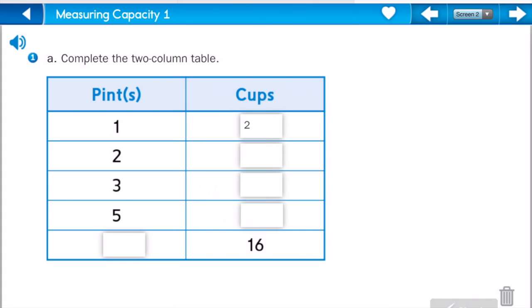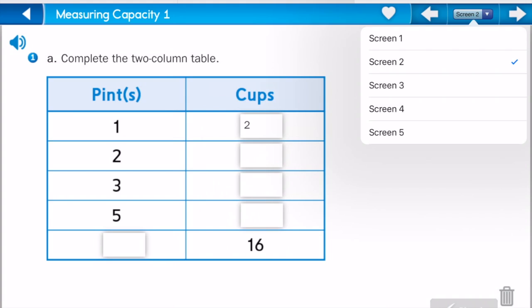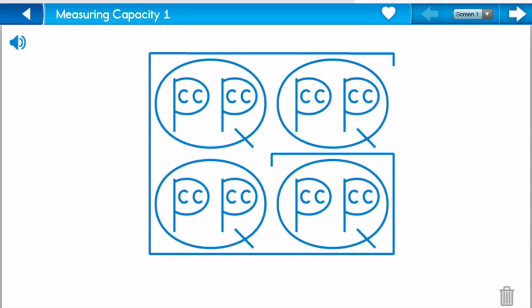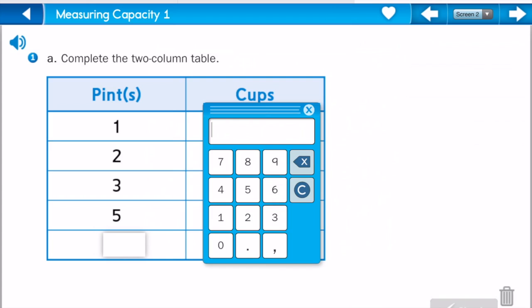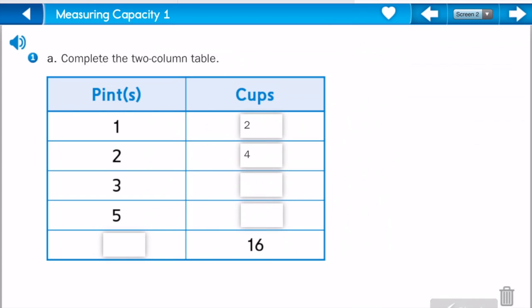So if I have 2 pints, how many cups do I have? Go back and look here. So if I had 2 pints, how many is that? 1, 2, 3, 4. 4. And if I have 3, how many is that? Yep, it would be 6.